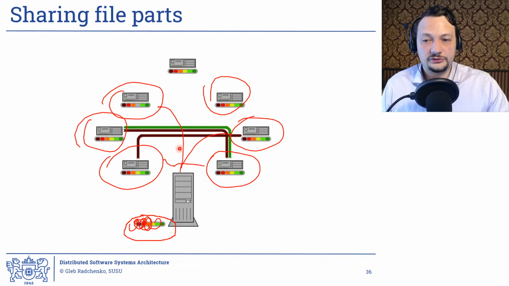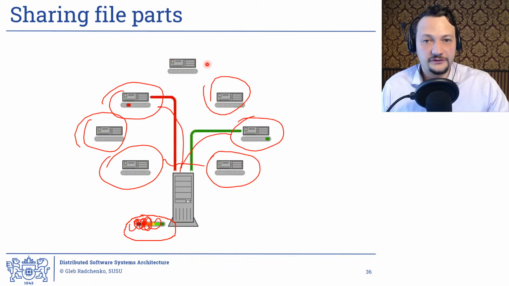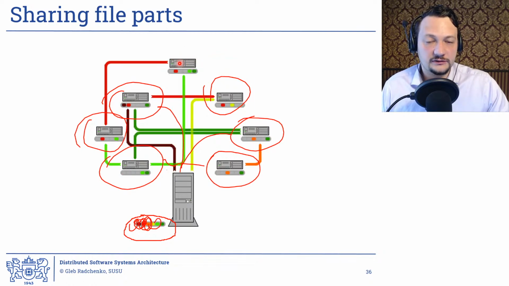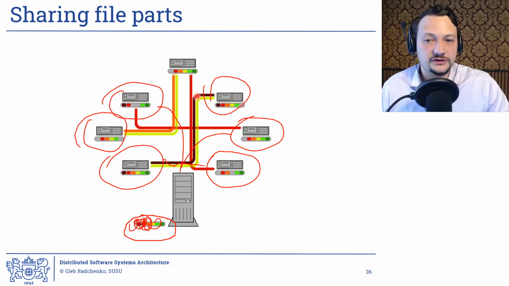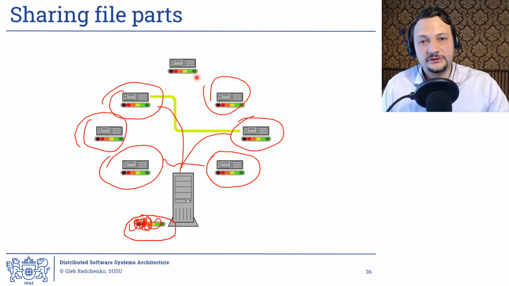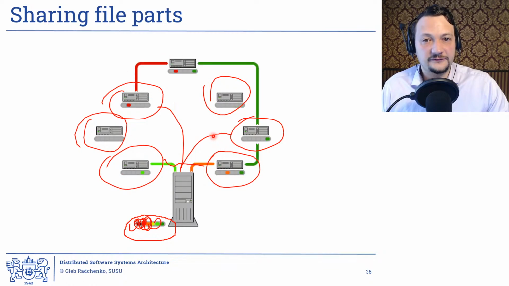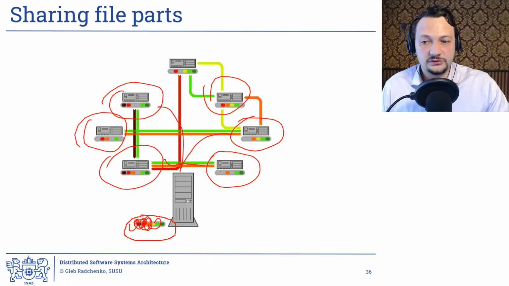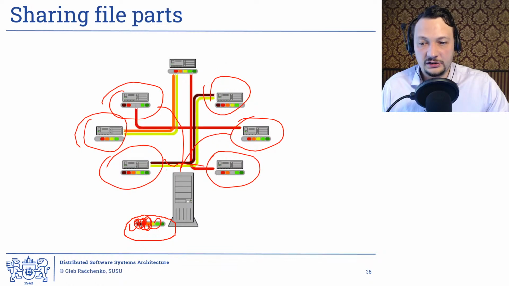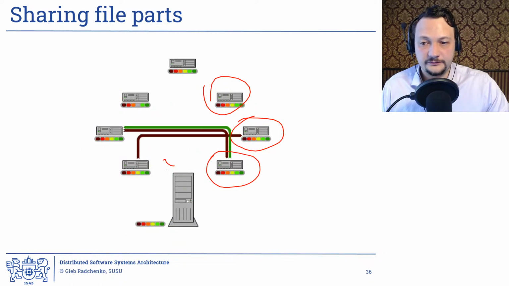That would allow us to use the most of the network capacity to create the most copies of the seeded file and to increase the quality of the peer-to-peer network.